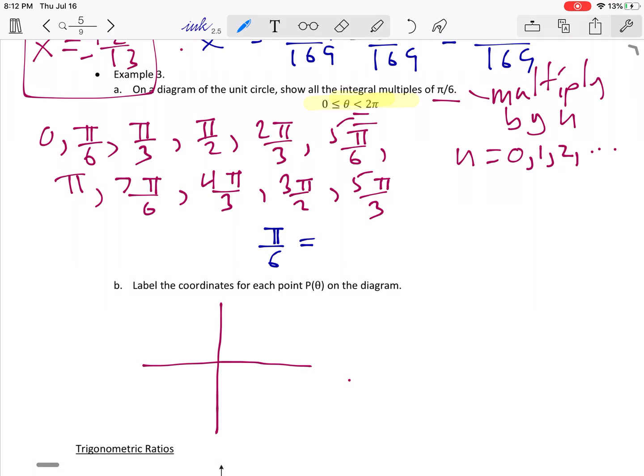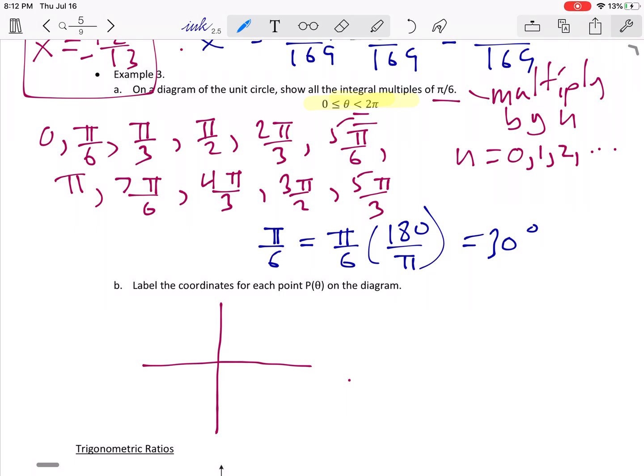So remember, we did this in the previous topic. You just use the relation of 180 degrees equals pi, or 360 equals 2 pi, and so that equals 30 degrees. Okay, so every 30 degrees you would have a pi over 6, right?